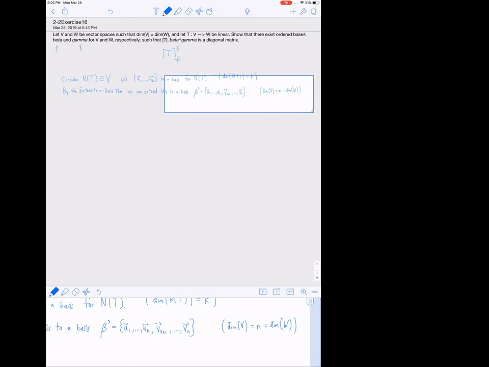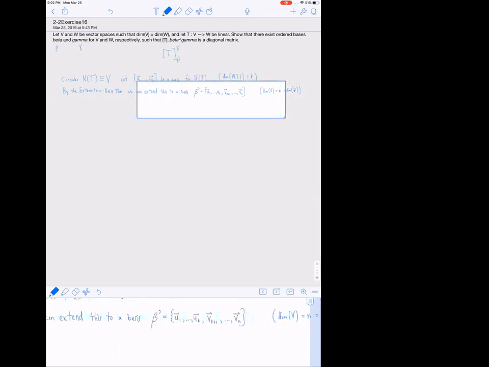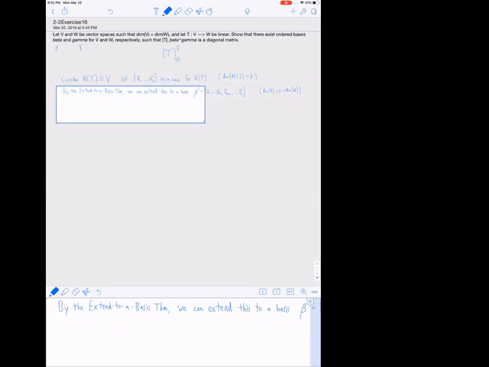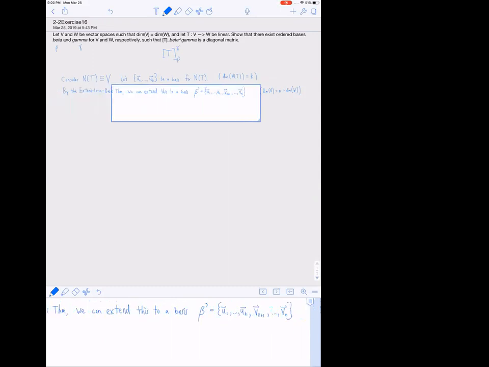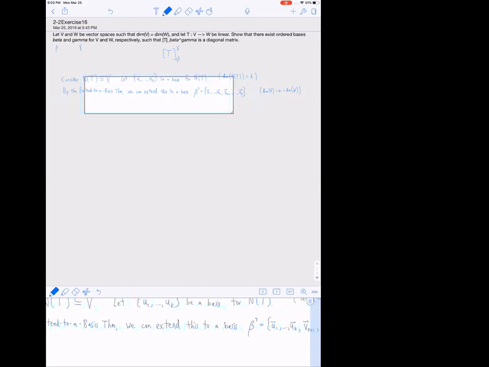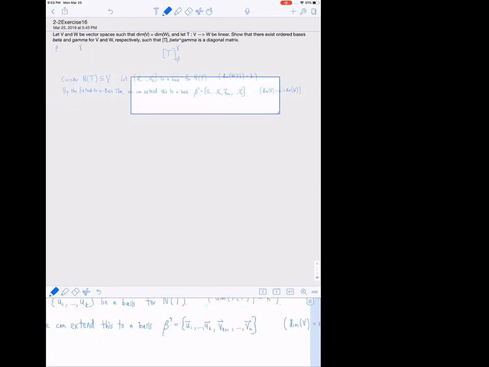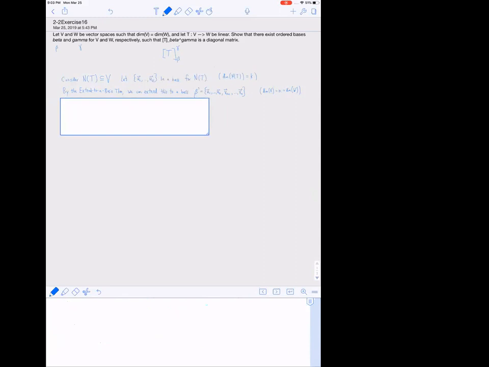In fact, they're going to be a basis for the range. To see that, let's recall how the dimension theorem was proven. We started with exactly this setup. We began with a basis for the null space. We extended it to a basis for V, and then we applied the linear transformation T to each of the vectors.